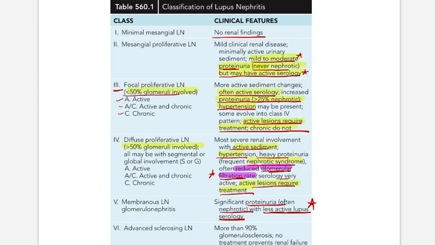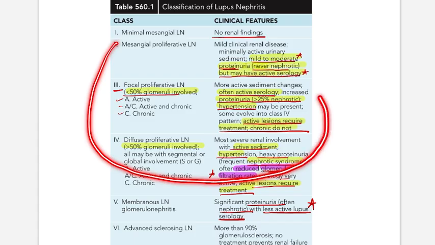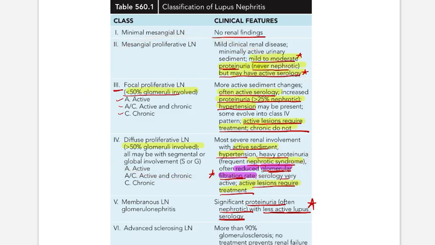As we discussed, nephrotic range proteinuria is never seen in class 2, but it is seen from class 3, 4, 5. In classes 2, 3, 4, active serology is seen, but just remember class 5 membranous lupus nephritis: in this condition, the serology is less active and proteinuria is in nephrotic range, as we all know.